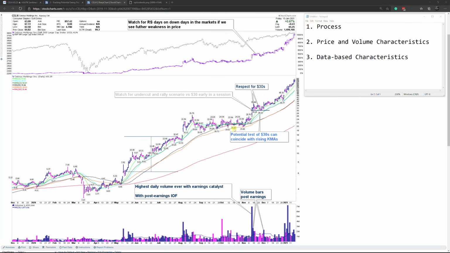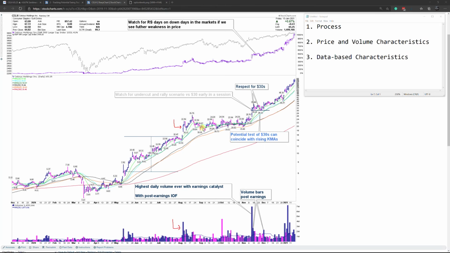So to step back here again, we had a 100% move in 8 weeks, and CELH makes it to the HTF watch list. From the HTF watch list, it then moves to the gappers list because it had an earnings gap up with a high closing range.